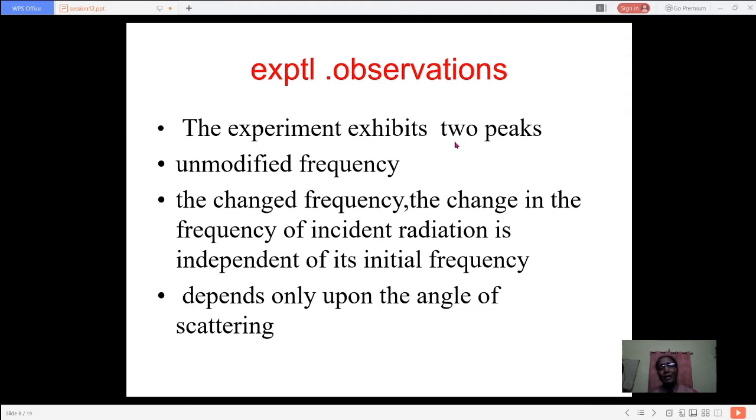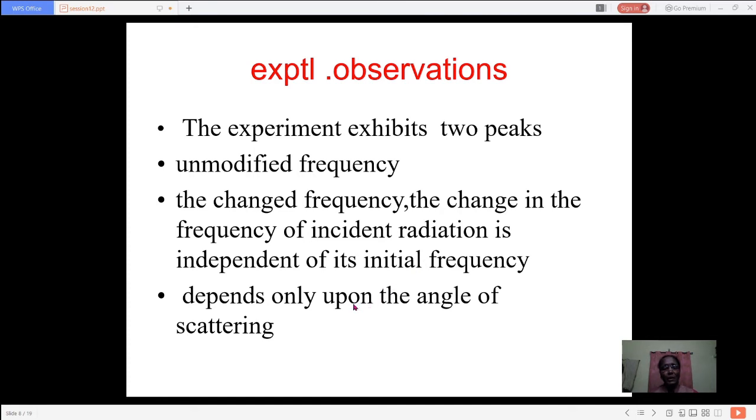Experimentally, it was observed that there are two peaks as the output. One being the unmodified frequency signal, the other one is the changed frequency signal. It is also observed that the change in the frequency of the incident radiation is independent of its initial frequency.